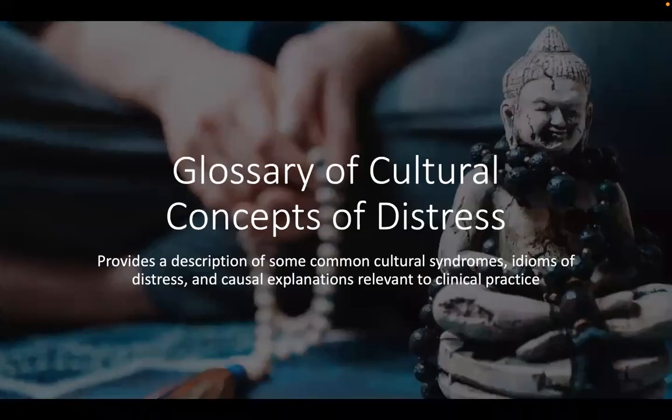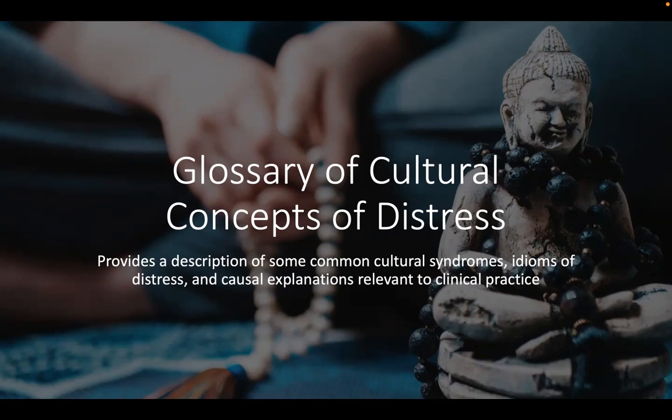I am not going to necessarily say much about this, but just to remind you to look at these things. As we saw, there are many cultural concepts of distress that may not be known in the dominant culture here in the US. This glossary of cultural concepts of distress provides a description of some of these syndromes, idioms of distress, and causal explanations relevant to clinical practice.